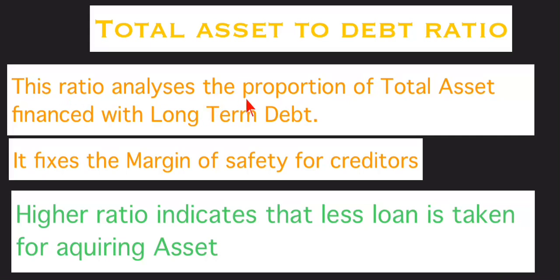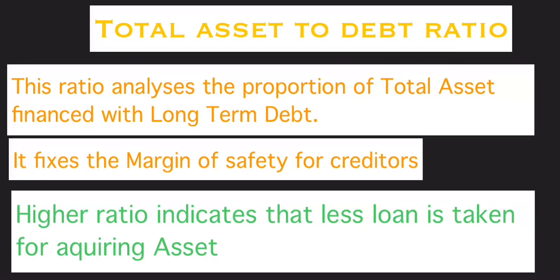This ratio analyzes the proportion of total assets financed with long term debt. Means how much borrowing I have used to acquire total assets, what percentage is borrowed, what is the proportion of long term debt which is utilized for purchasing these total assets. This ratio is helpful in understanding the long term debt paying capacity of the company.